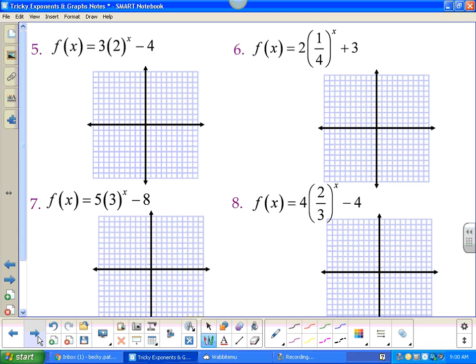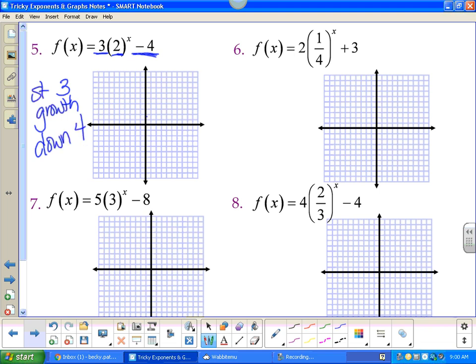Okay, so now what have we done? Now we are adding and subtracting numbers on the end of our function. And all that does is it takes our function and shifts it up or down. Okay? So we start at 3. We are growth. But then we get shifted down 4.